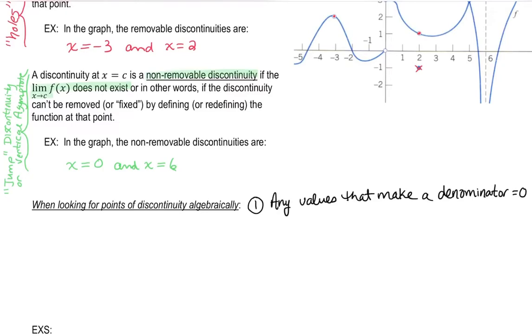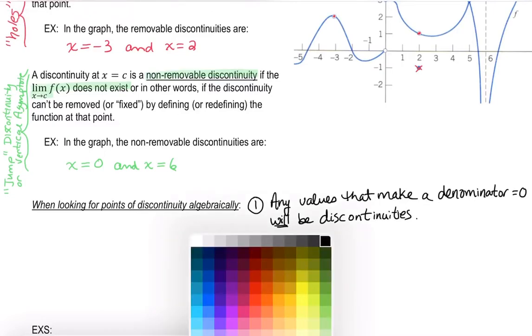Any of these values are going to be discontinuities. So these definitely will be discontinuities. And if you think about your three-step definition for continuity, it's pretty clear why.